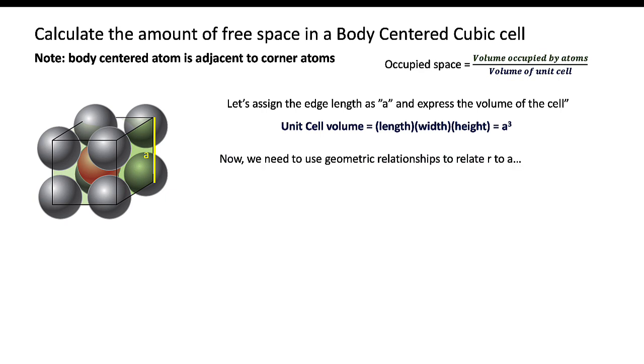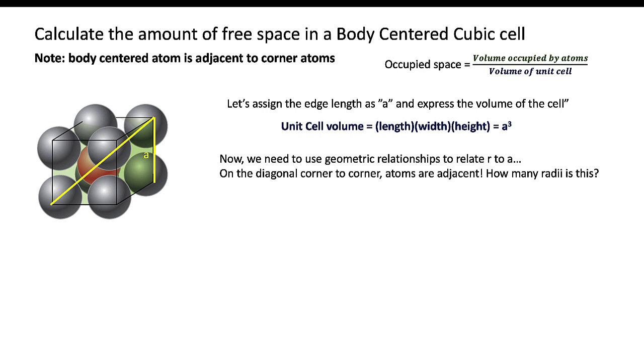But how can we use geometric relationships to relate R to A, R being the radius of one of these atoms? Because we know there are two atoms within this body-centered cubic cell, how can we express R in terms of A so that in the end we might not even have a variable that's part of our occupied space? And remember here that it's on the diagonal, corner to corner, that the atoms are adjacent, and we want to know how many radii this is.